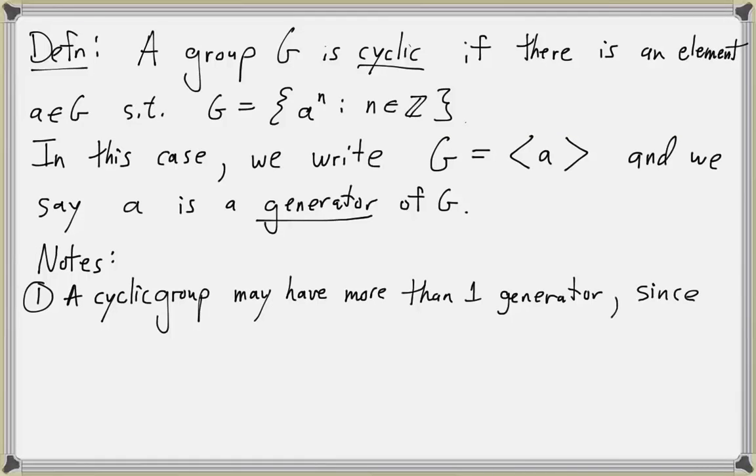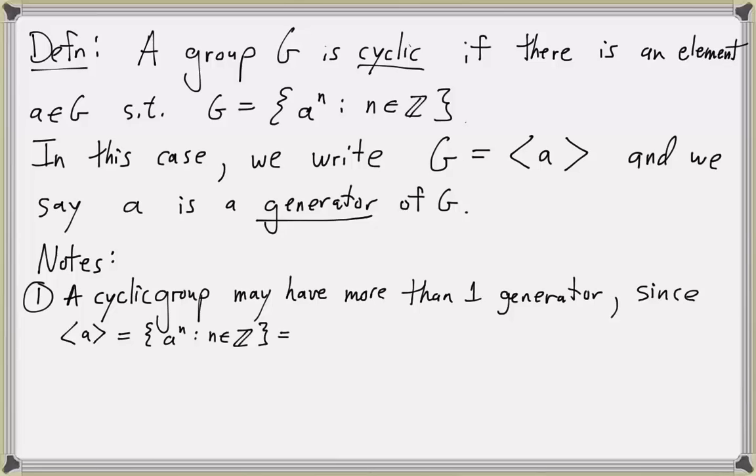Since notice that if A is a generator, then the cyclic group generated by A, by definition, is a set of all integer powers of A. But if A is a generator, then A inverse is also a generator.